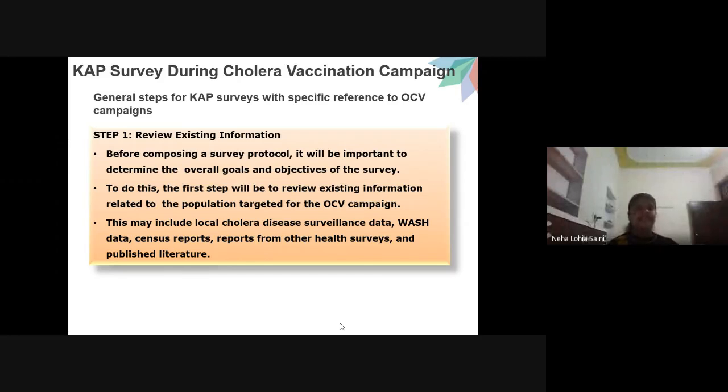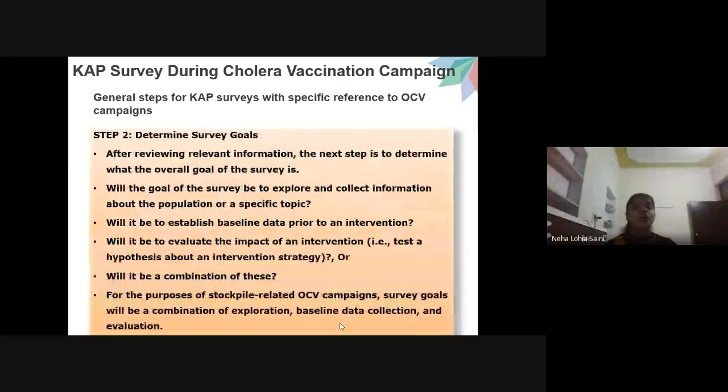Got it? Step 2, determine survey goals. After you review the existing information, the next step is to determine the overall goal of the survey. Will the goal be to explore and collect information about the population or a specific topic?